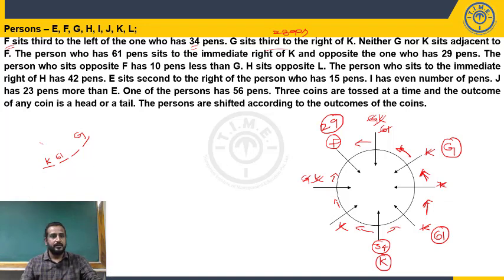Now move to the next point. The person who sits opposite F has 10 pence less than G. Okay. The person who sits opposite F is 61.